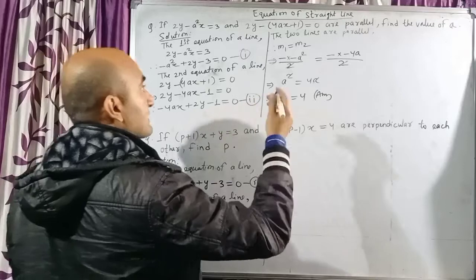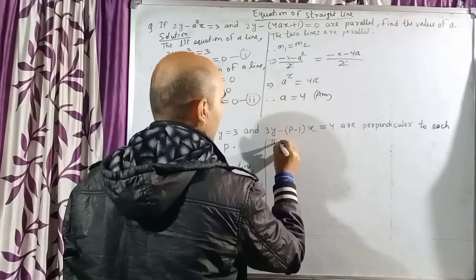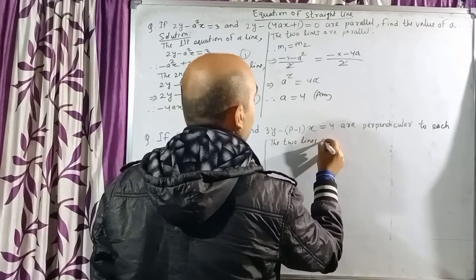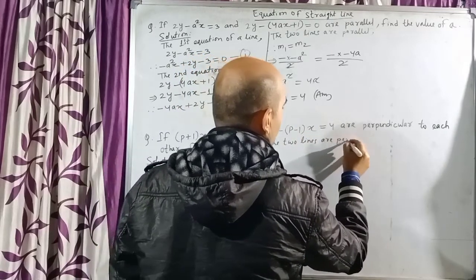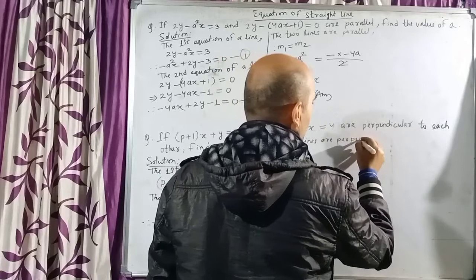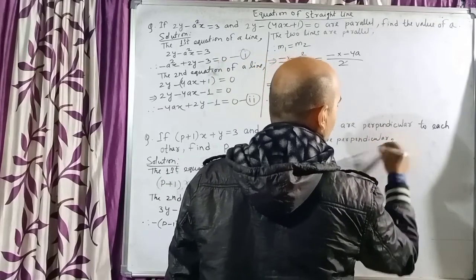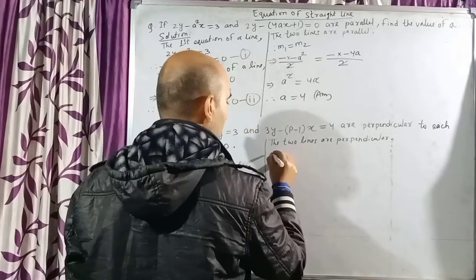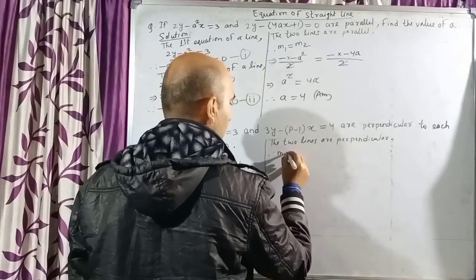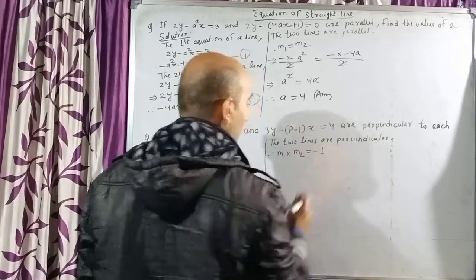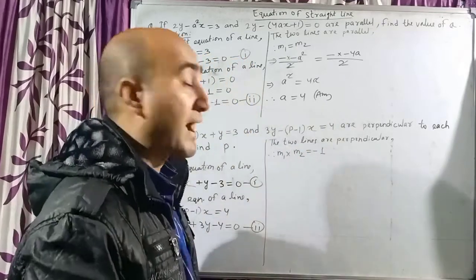So write a sentence and begin. The two lines are perpendicular to each other. Perpendicular. Okay. Then formula is m1 into m2 equal to minus 1.